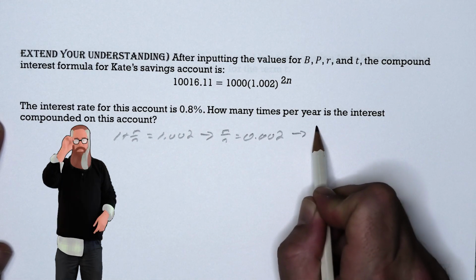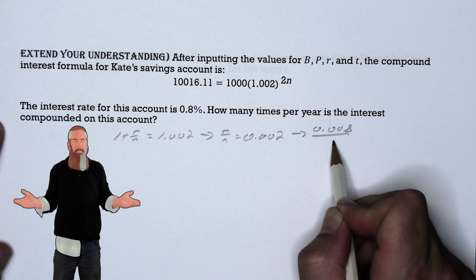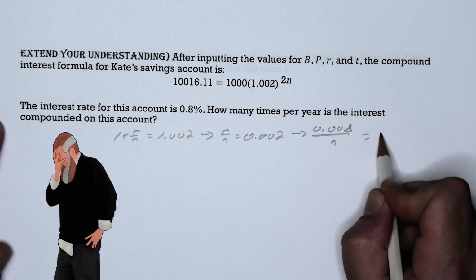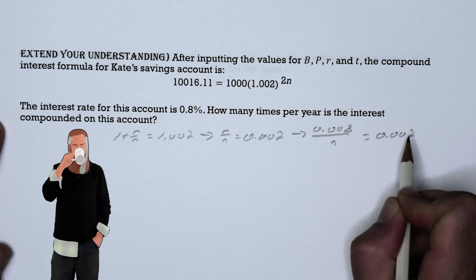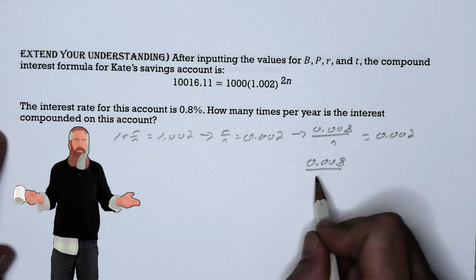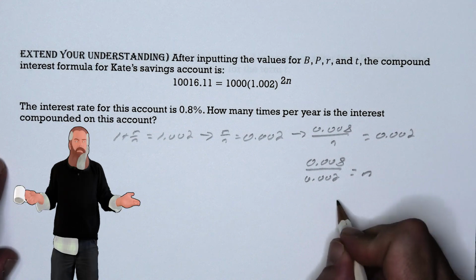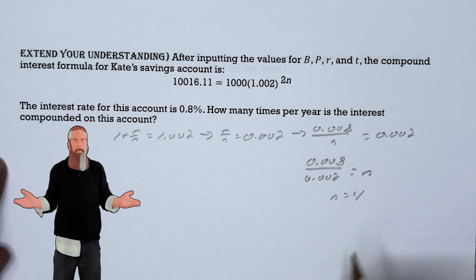Knowing that the interest rate is 0.8%, we get 0.008 divided by n is equal to 0.002, meaning 0.008 divided by 0.002 will equal n, so it compounds quarterly.